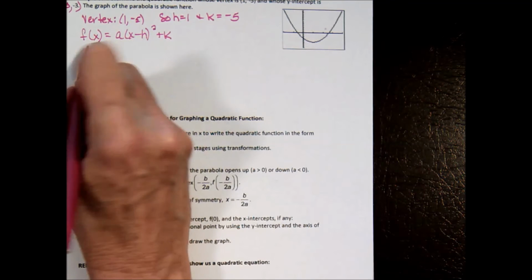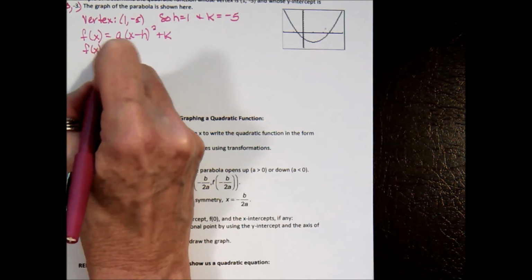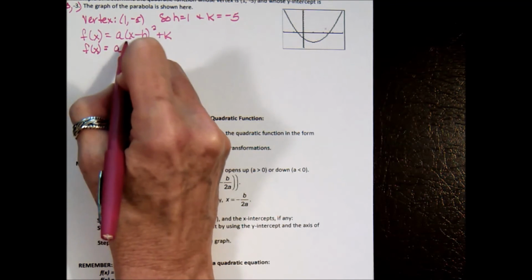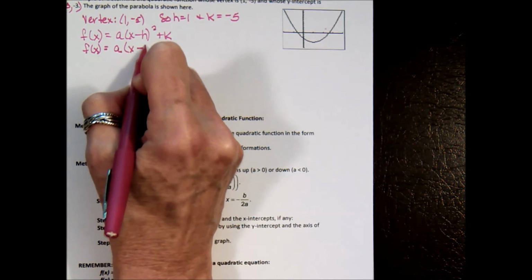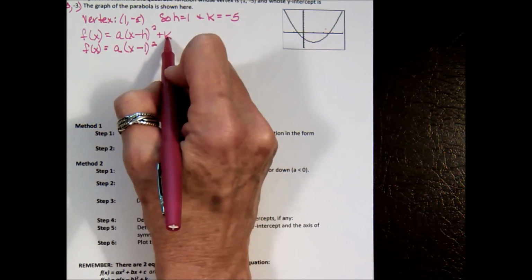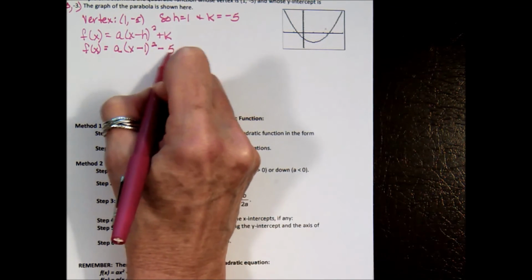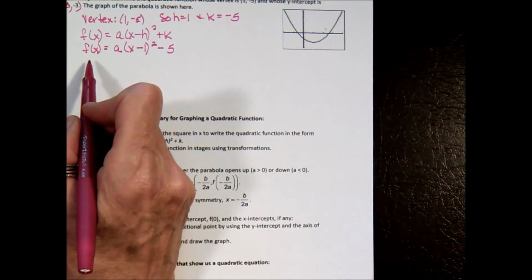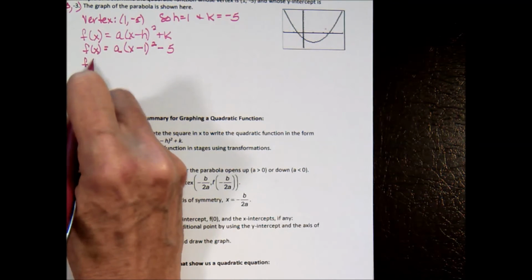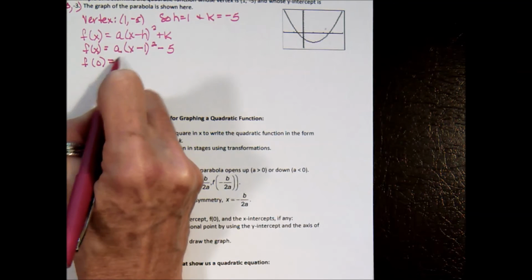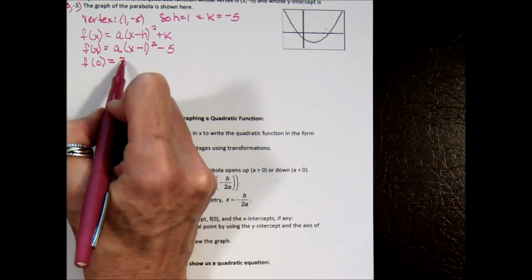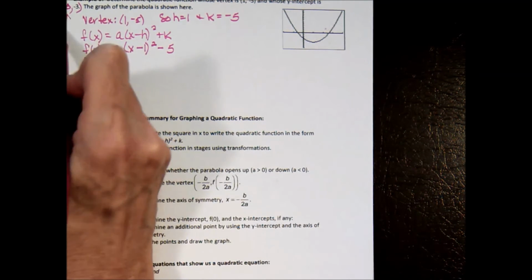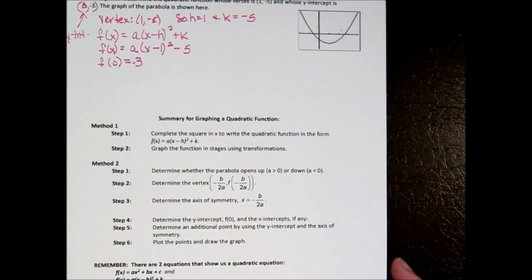So f of x equals, I don't know the a, (x minus 1) squared, and the k is -5. But what else do I know? I know that f of 0 is -3. Right there, my y-intercept. I know that f of 0 equals -3, and that is key.